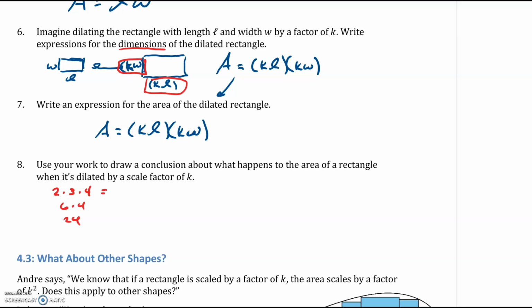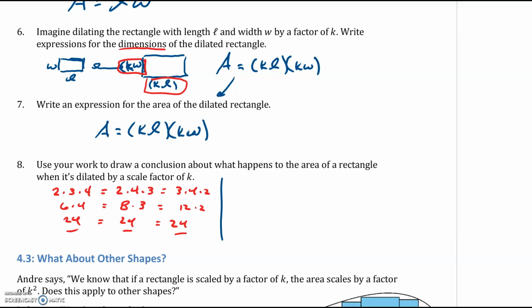Couldn't I also write this as 2 times 4 times 3, which is 8 times 3, which is also 24. And I could further write this as 3 times 4 times 2, which is 12 times 2, still 24. So notice it doesn't matter the order in which these values are written when we multiply them.